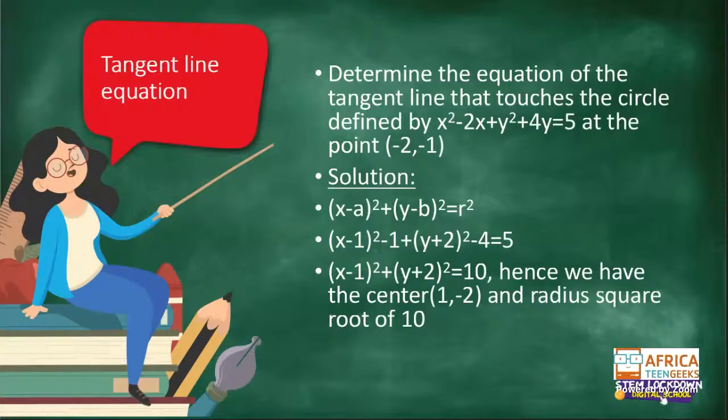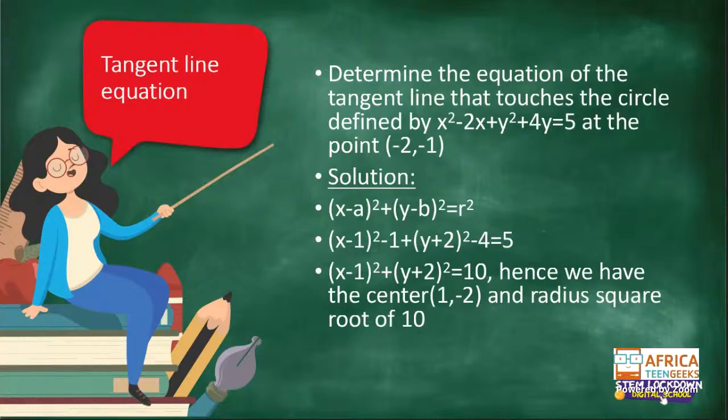So that's why I've added minus 1 there. So we go to y plus 2 all squared. When you expand this form, you're going to have y squared plus 4y plus 4. So you see that the 4 was not there. That's why we write minus 4. And again, it's equal to 5.